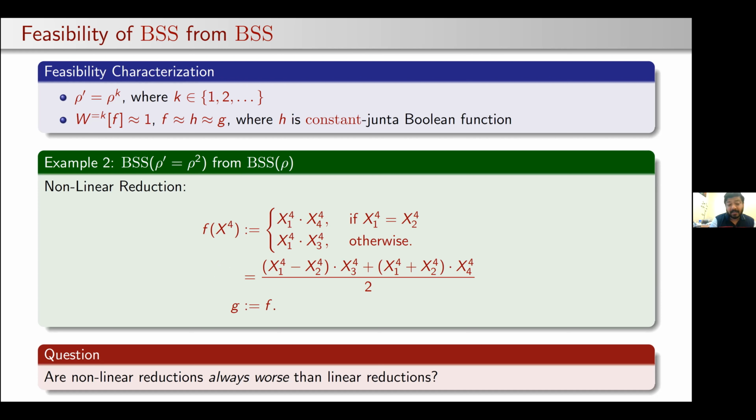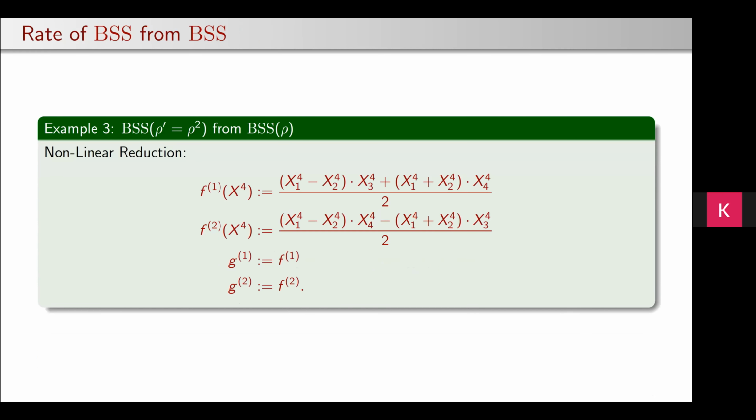Here, the nonlinear construction is taking 4 input samples to create the target. So it's a worse rate. However, while studying the rate of such constructions, let's consider these 2 reduction functions. The first reduction function is exactly the same nonlinear reduction function that I explained earlier. However, the second one is a slight modification of it.